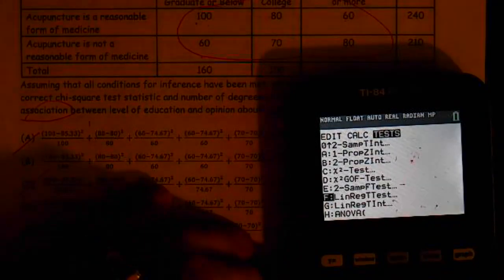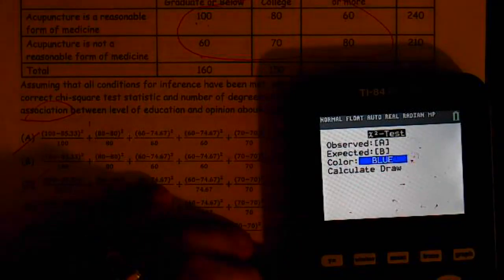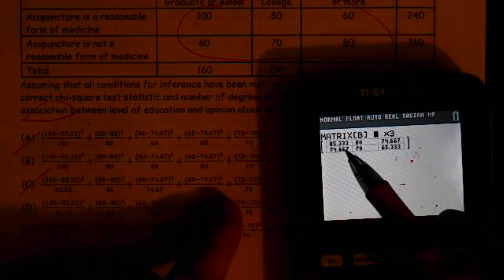Once I've done that, I can go stat, test, run a chi-square test. All right, so I have a p-value, but now I need to re-enter the matrix, second matrix, edit, and drop down. And there are my expected values.